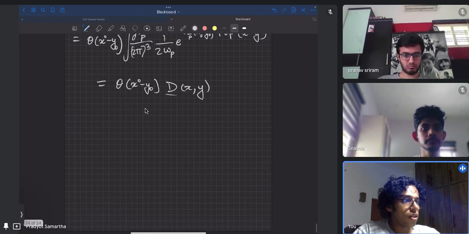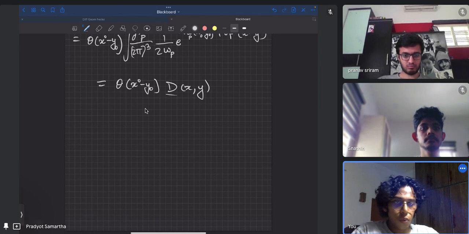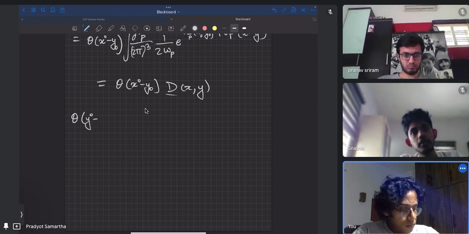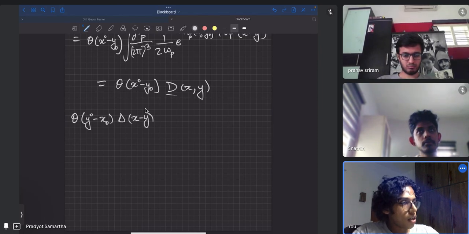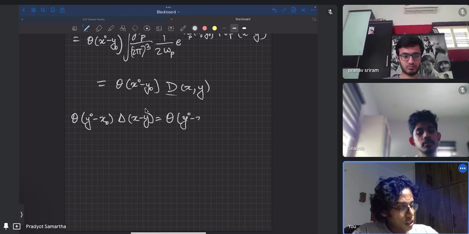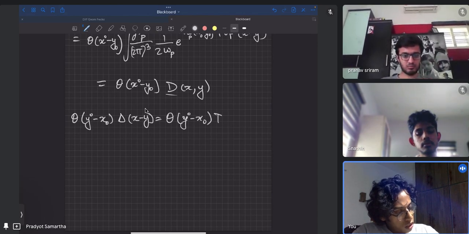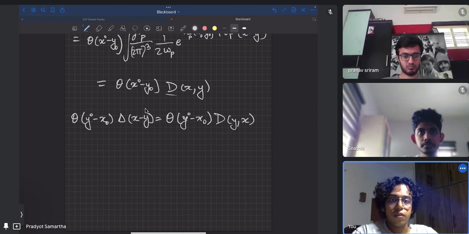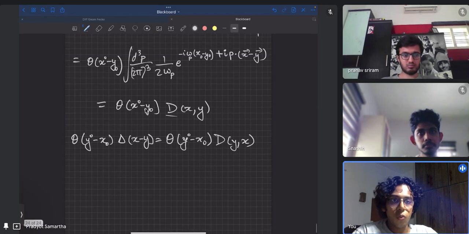Now similarly, on the other end, we can prove that theta of y naught minus x naught times the same propagator of x minus y is equal to theta of y naught minus x naught D of y comma x. So what does this mean?